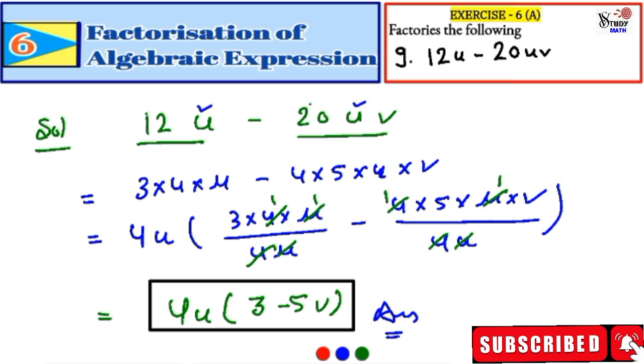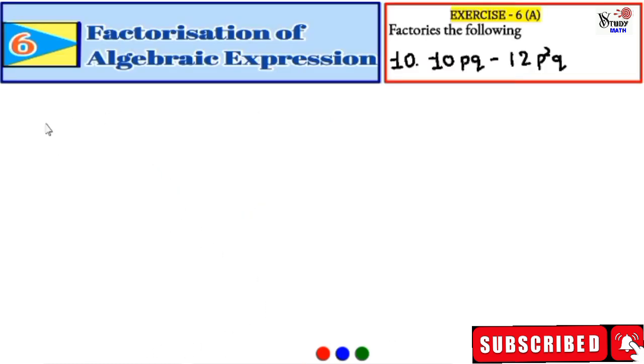Now move to question number 10. In question number 10 we are going to use the direct method. Okay dear students, if you have any problem in the direct method, you can comment. 10pq negative 12p square q. I'll tell you one more basic thing.